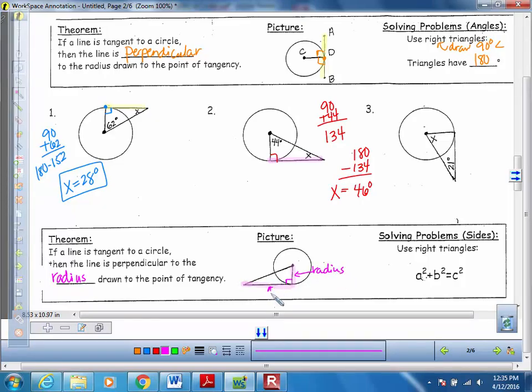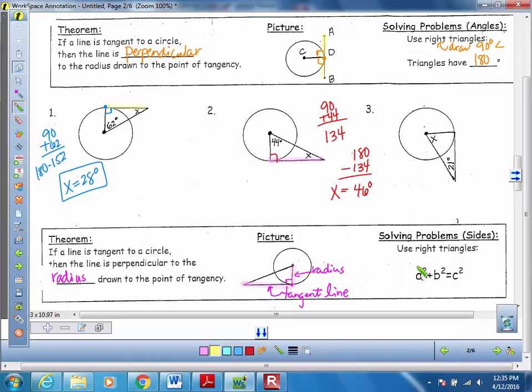This is my tangent line. And where those two intersect is where it forms a 90-degree angle. And since it makes a right triangle, a squared plus b squared equals c squared is going to apply anytime there's a right triangle. So let's look at some examples of that.